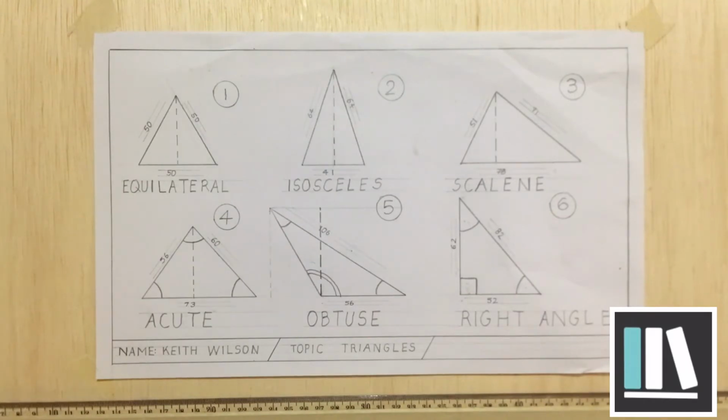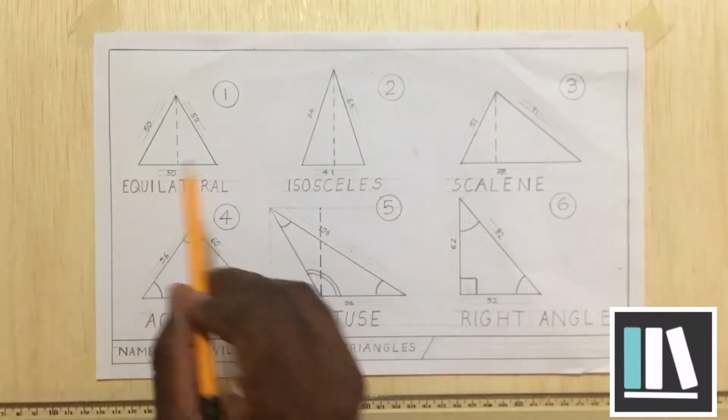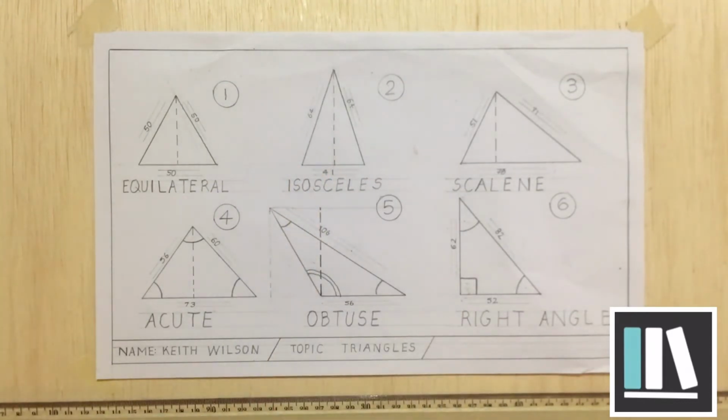And another thing that makes it an equilateral triangle is the fact that since all 3 sides are equal, that makes all 3 angles equal.